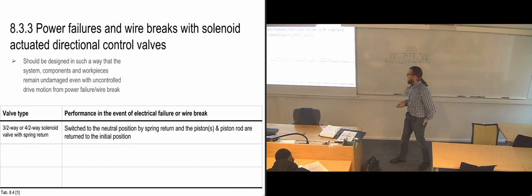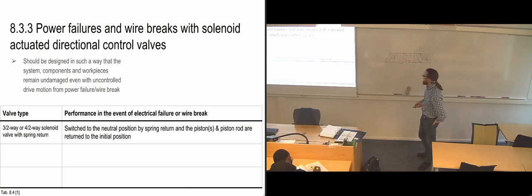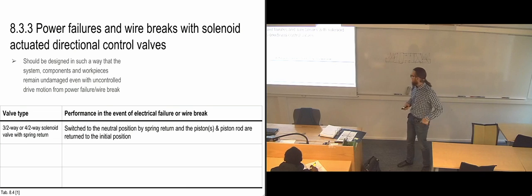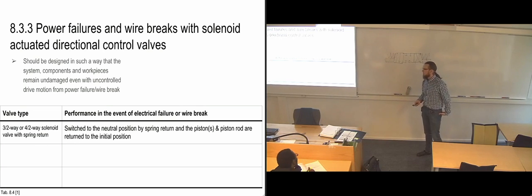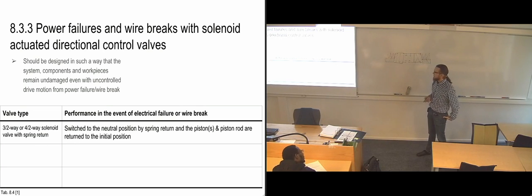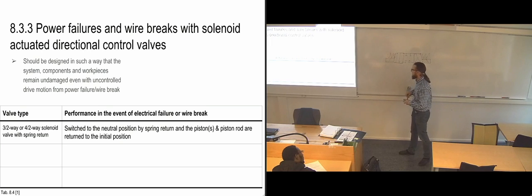So there are several ways of doing this. If we have a 3-2 way or a 4-2 way, so just two switching positions, but three or four ports, you can switch to a neutral position by spring return. So I'll just draw this one in here.